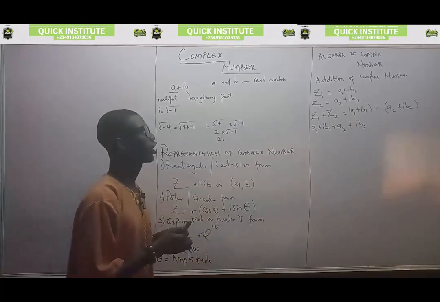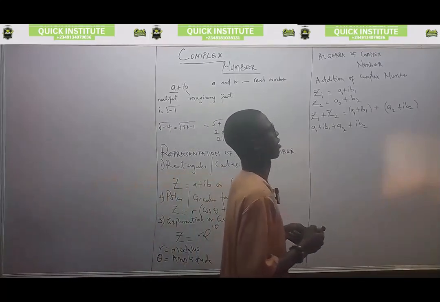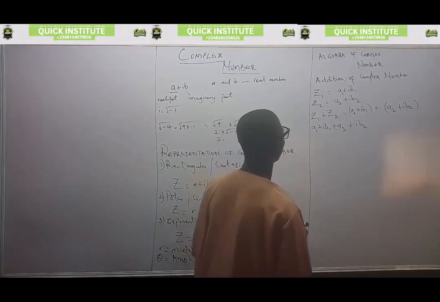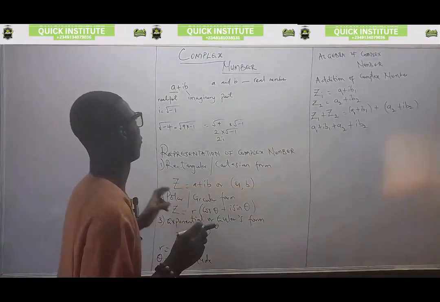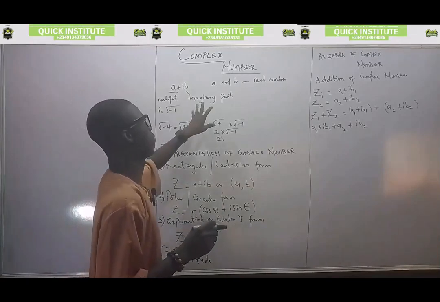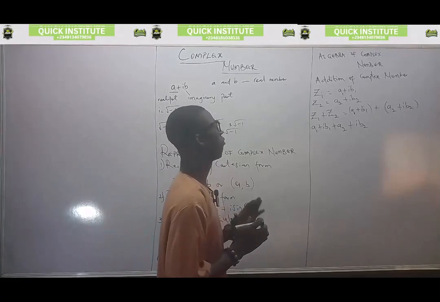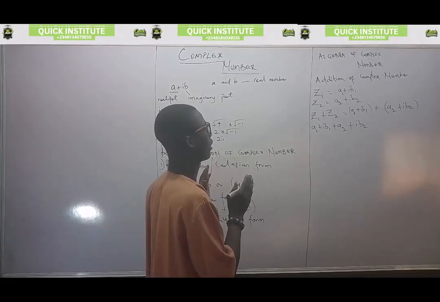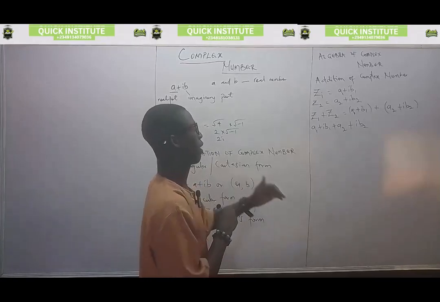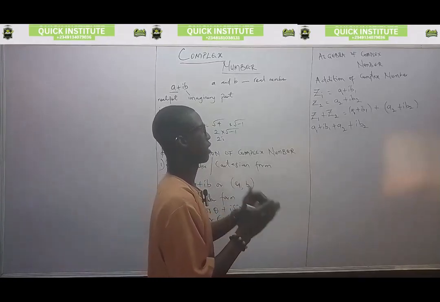So if you want to add complex numbers, I said that we have two parts in the complex number: both the real part and the imaginary part. So here you bring the ones that have real parts beside each other, and the ones that have imaginary parts beside each other.